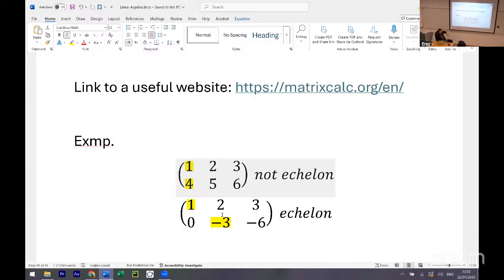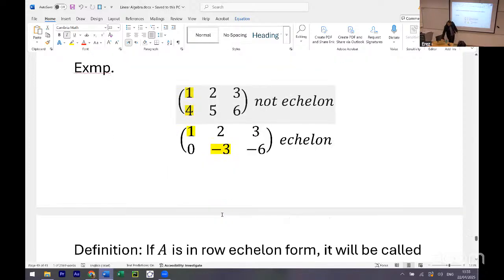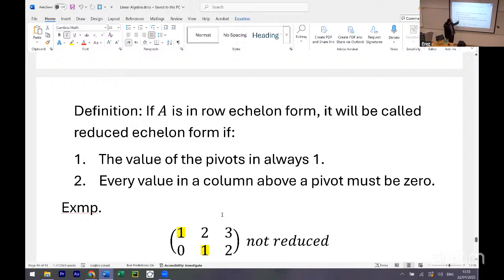The reduced echelon form also says the pivot is 1 and above it will be 0. So it's a better form, but they both represent kind of the same thing. So above any pivot, in reduced, will be a zero. Exactly. Every value in a column above a pivot must be 0.